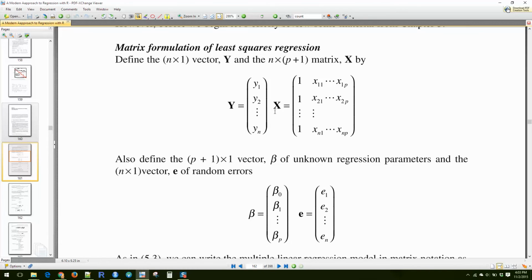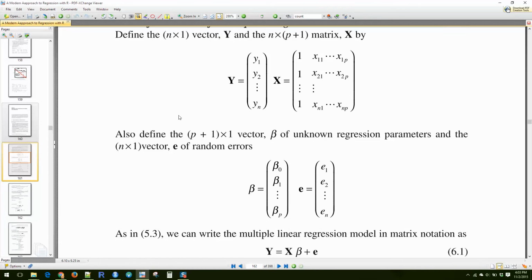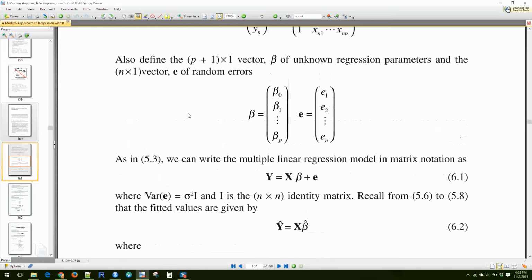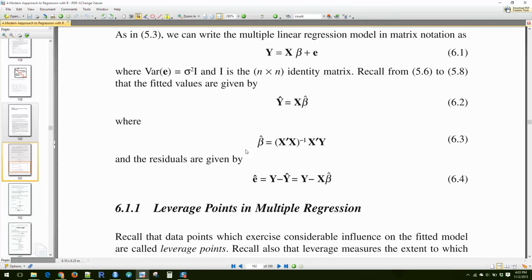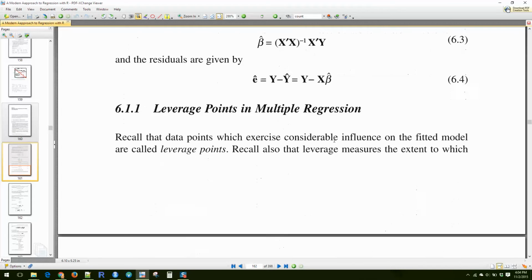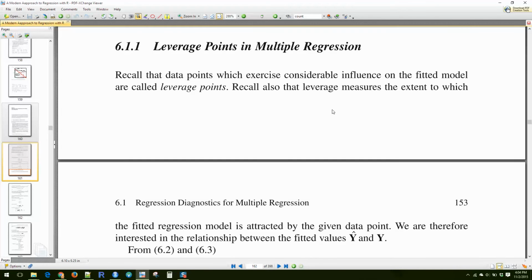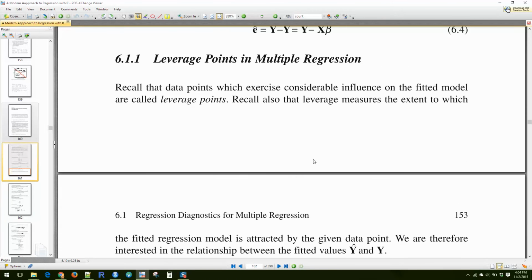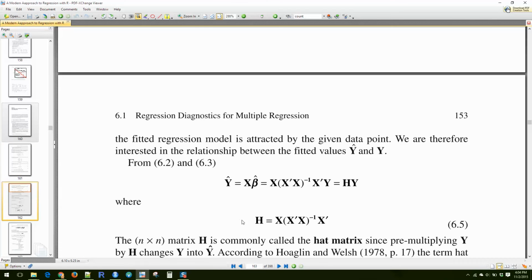Okay, so here's all of this matrix notation stuff, which I feel like we've covered so many times already. The key being, and I think we've already arrived at these results earlier, beta hat equals (X transpose X) inverse X transpose y. Then we have the hat matrix.